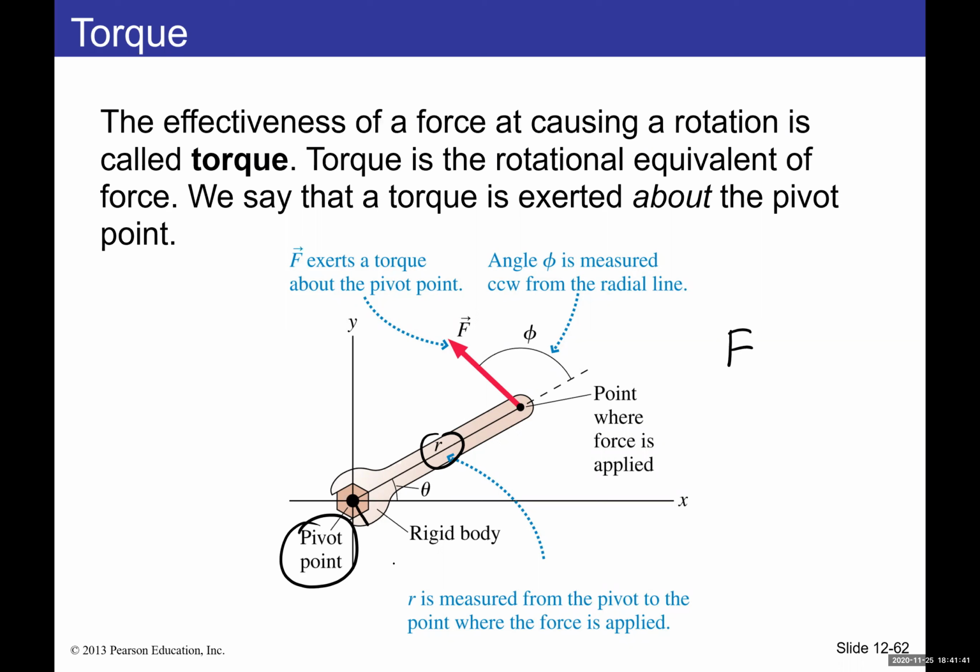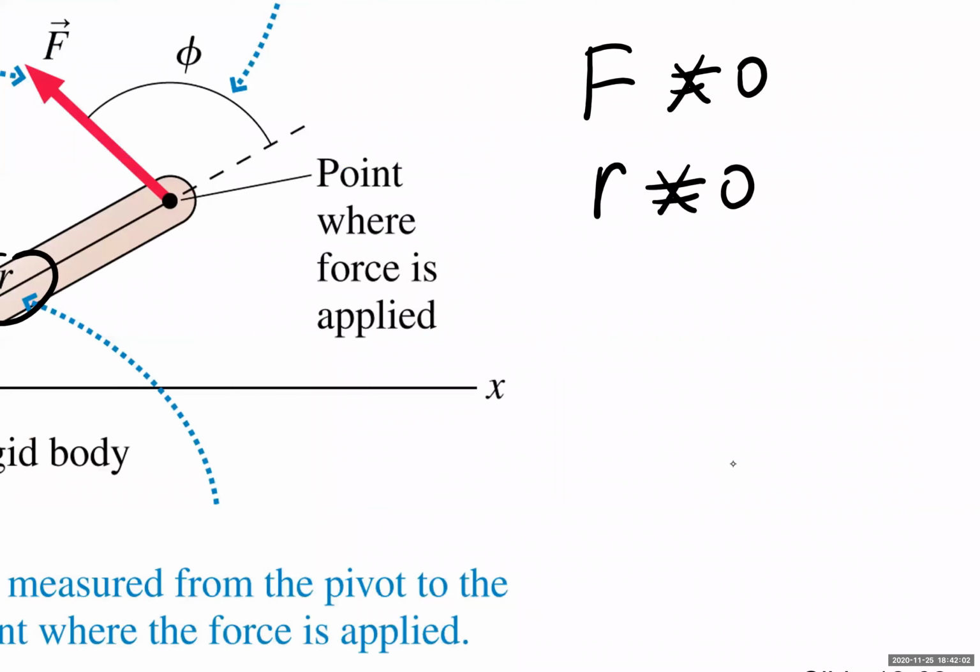So you can see, if I apply force here, it is exactly at the pivot point, so that is not effective. So there has to be this distance r that is non-zero, and a non-zero force. But also I'm going to use this angle phi.